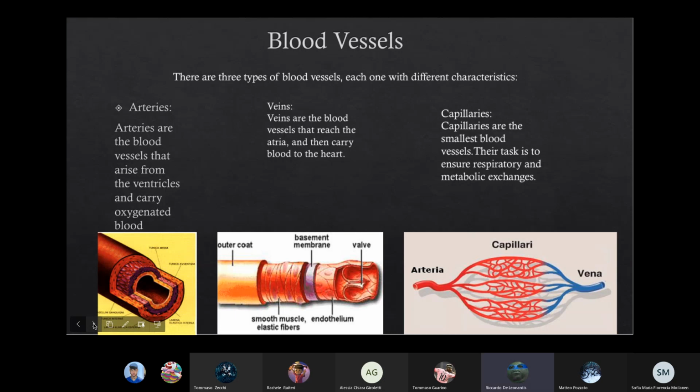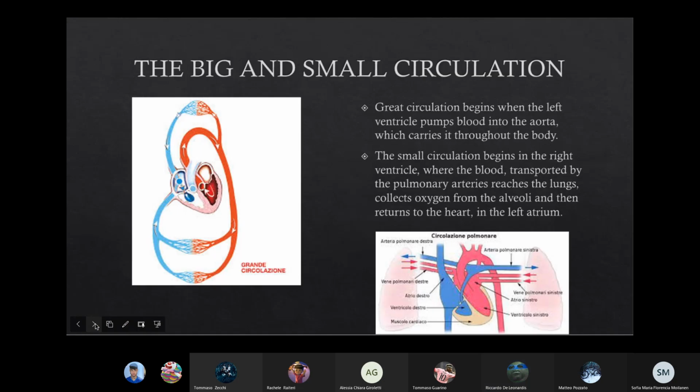The veins are the blood vessels that reach the atria and carry blood to the heart. The capillaries are the smallest blood vessels. Their task is to ensure respiratory and metabolic exchanges.